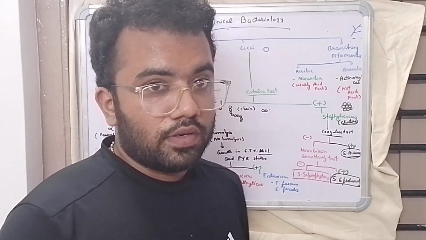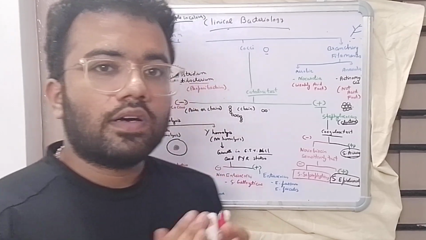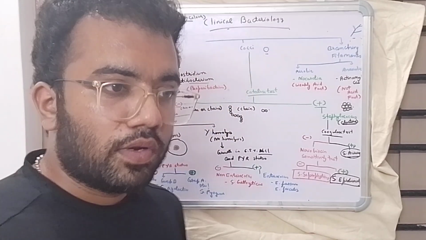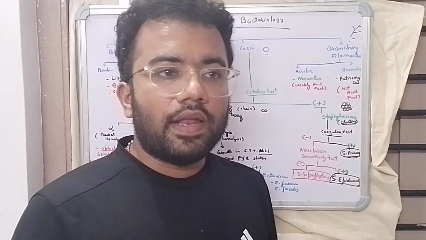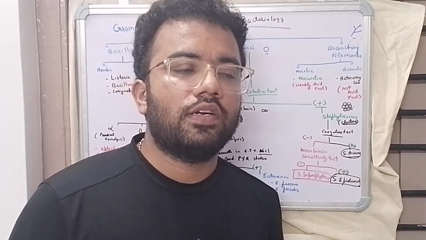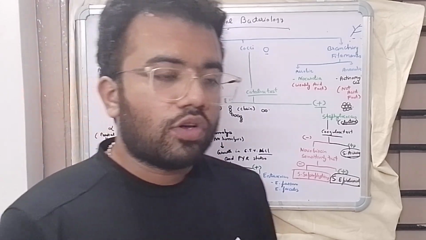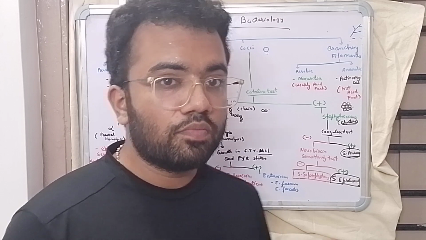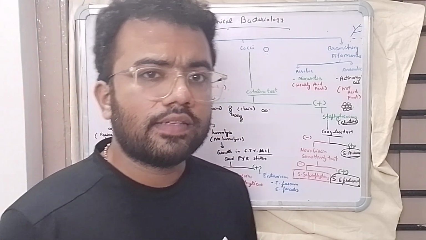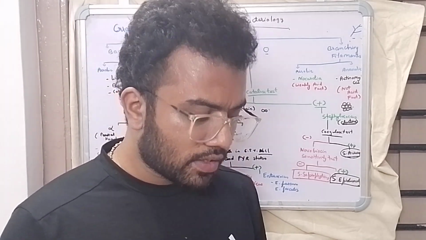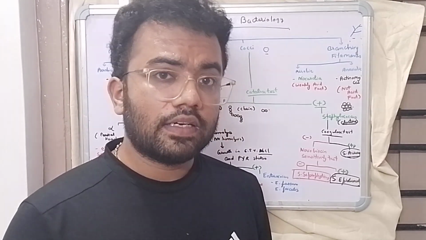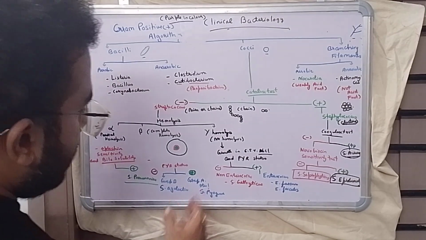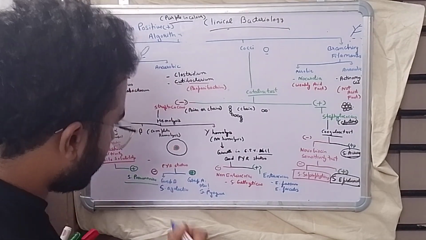But there is a difference: S. pneumoniae causes meningitis in adults, while S. agalactiae causes meningitis in children. It's the most common. While Streptococcus pyogenes, you know, it's very famous.